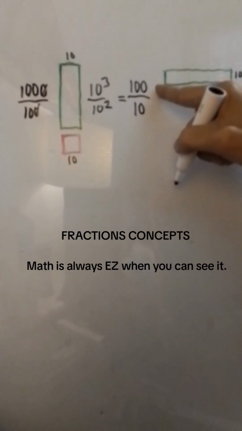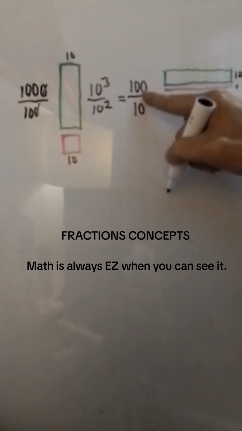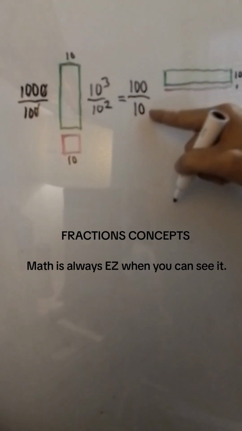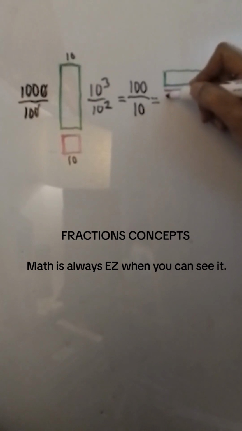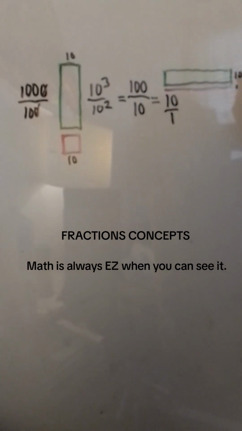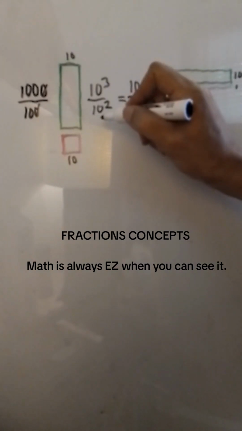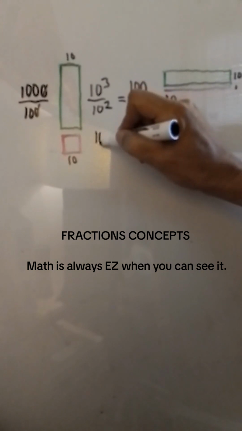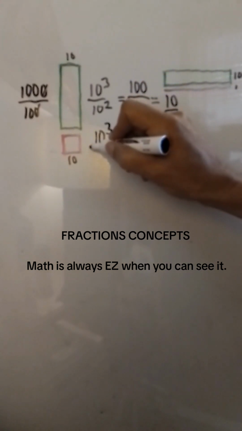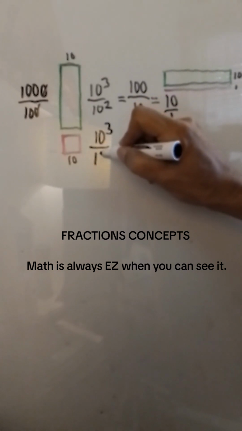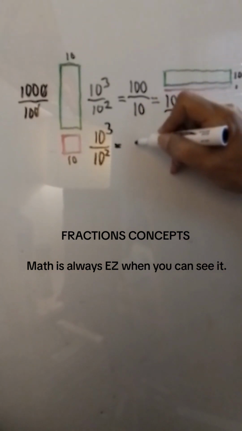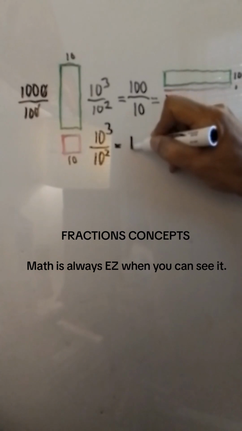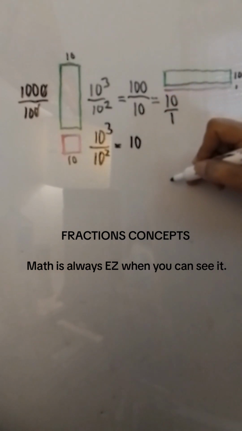But let's finish this. Here, I still have, can I see that 100 over 10 is the same thing as 10 over 1, there it is. And I can also say, let's see here, 10 to the third over 10 squared is going to be 10.